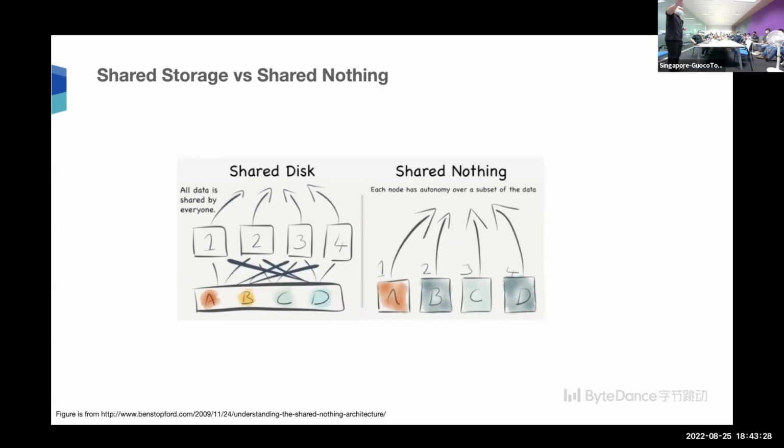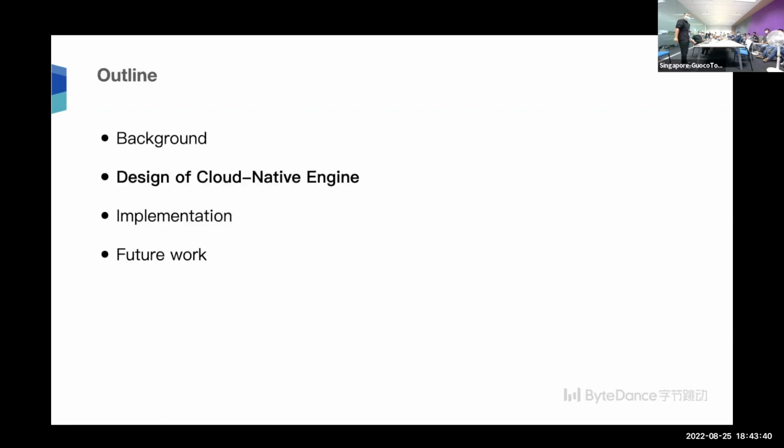Then every compute node can share the data and read it remotely. Then it's easy, right? The problem is solved. Then we started to explore this new architecture. We made some designs and finished the implementation in the past two years.